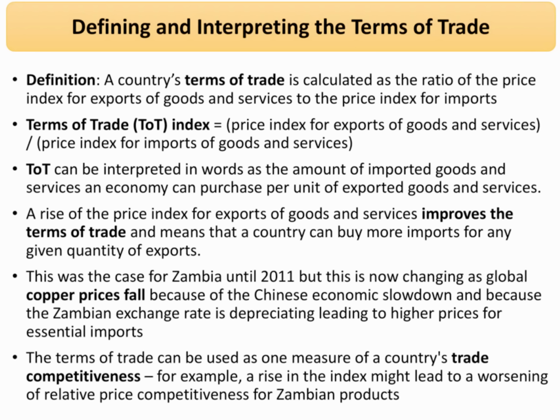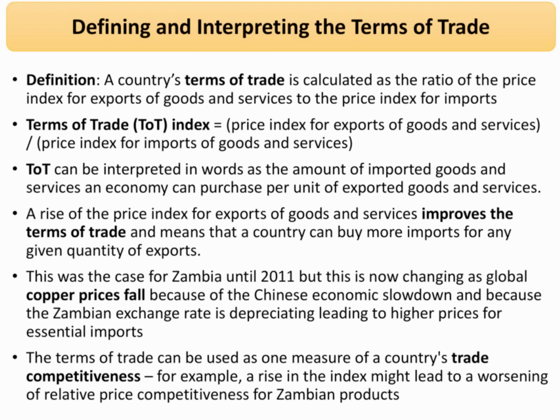And there's a formula for measuring it, which is a weighted index of export prices divided by a weighted index of import prices. We'll come on to the data in a second, but essentially it's what is Zambia getting for every ton of copper, and what can it buy in terms of imports from the dollars it gets.